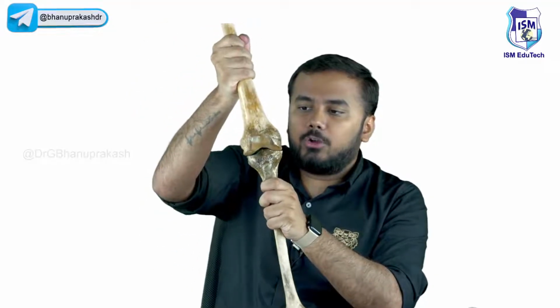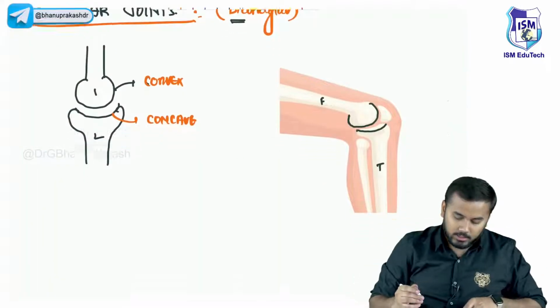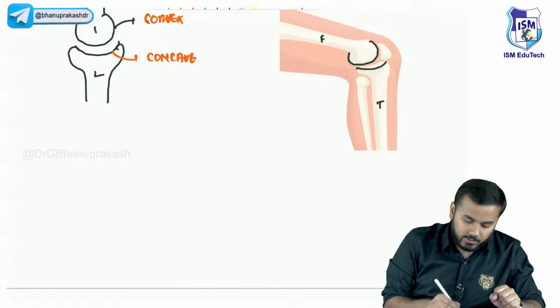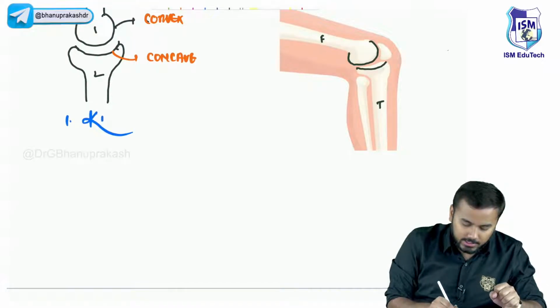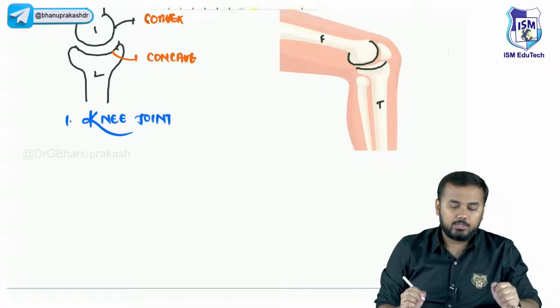So the convexity of one bone is fitting into the concavity of another bone. What is happening because of this? There is this motion, called flexion, extension, flexion, extension. You're getting it, right? I hope you understood what I was trying to mean. So the first important example is the knee joint. The knee joint is a type of bicondylar joint.